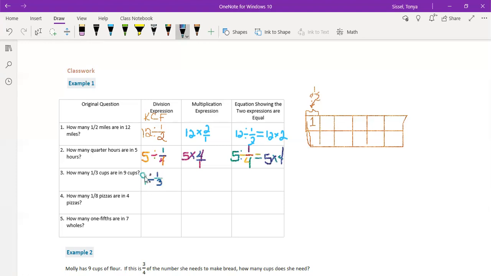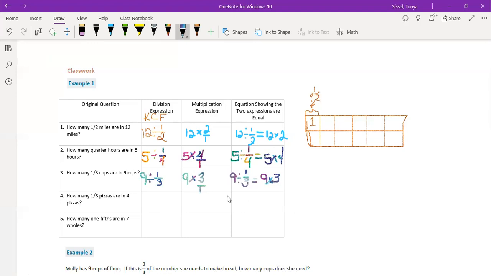All right, so 9 divided by 1/3, we keep the 9, change to multiply, and then flip that fraction, and it becomes 3 over 1. And now we just write our two expressions. 9 divided by 1/3 is equal to 9 times 3.